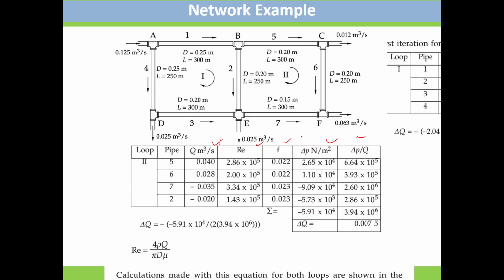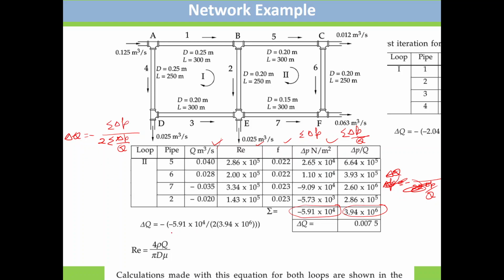This is the summation of delta P, and then this is the summation of delta P over Q. These are the values here, and then we substitute these values in the formula for delta Q. The formula for delta Q is: delta Q equals minus 2 times the summation of delta P over Q, with the summation of delta P here.